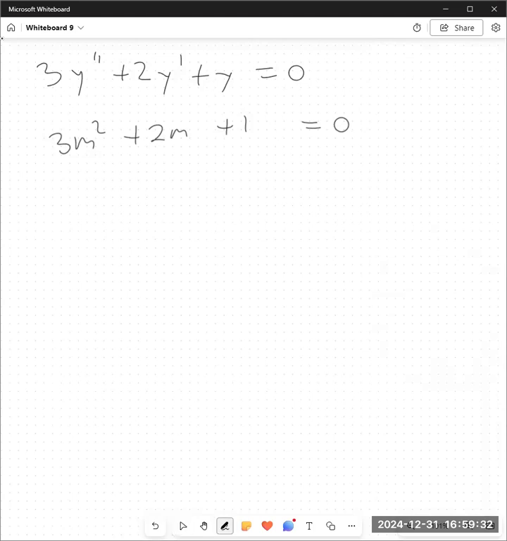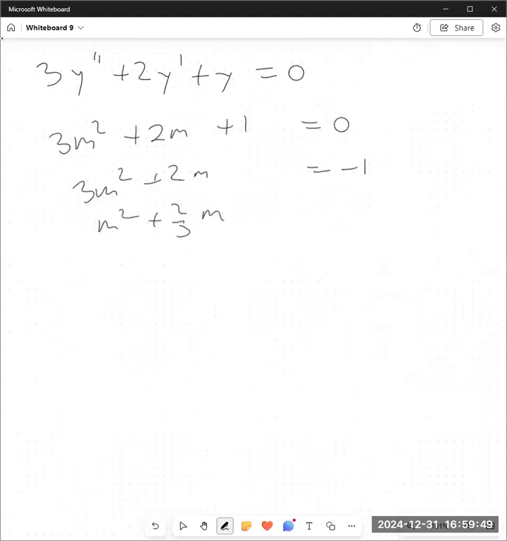So let's go ahead and start making this look like this. Squared plus 2m equals -1. Then m squared plus 2/3 m is equal to a -1/3. Half of the middle number squared is going to be a 9th.